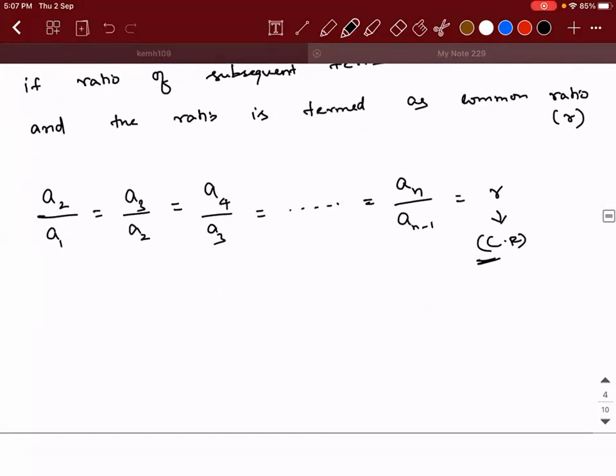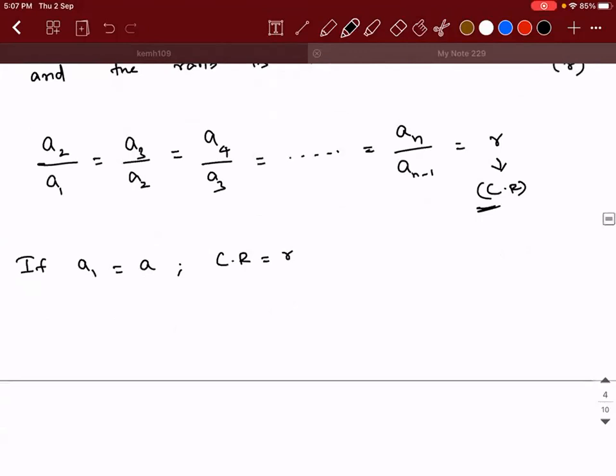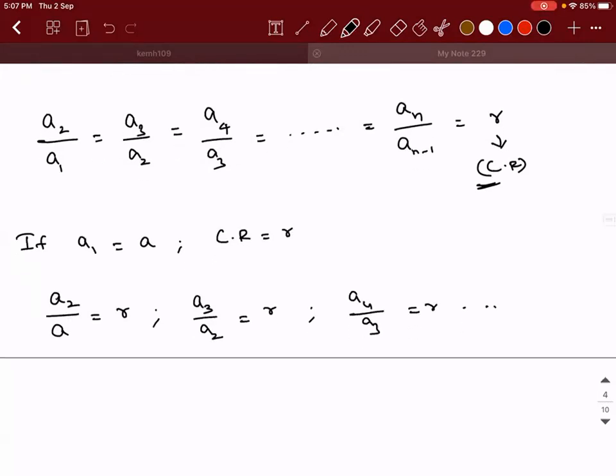Now see, if A1 is equal to A and the common ratio is equal to R, then A2 divided by A is R. A3 divided by A2 is R. A4 divided by A3 is R. It keeps on going like this.